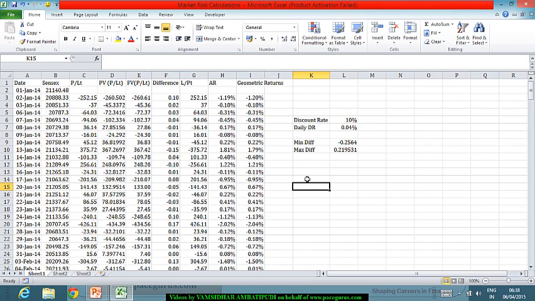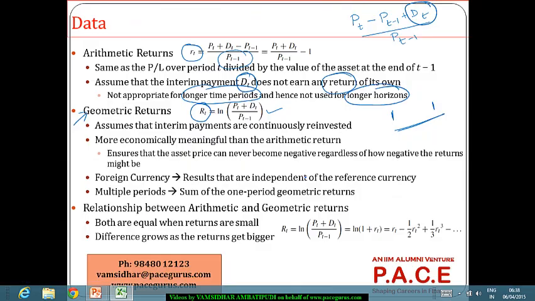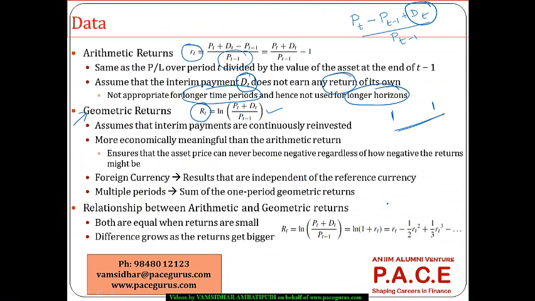In all cases geometric returns are similar to arithmetic returns, whereas in some cases they are slightly lesser, but they will never be greater than the arithmetic return.